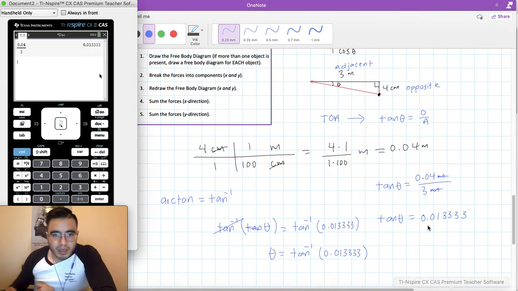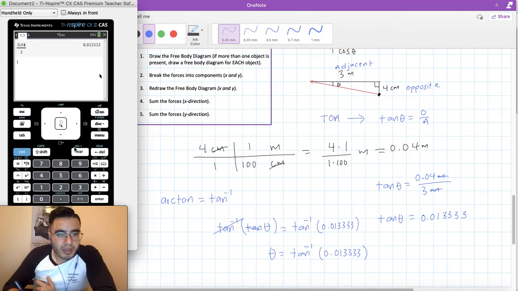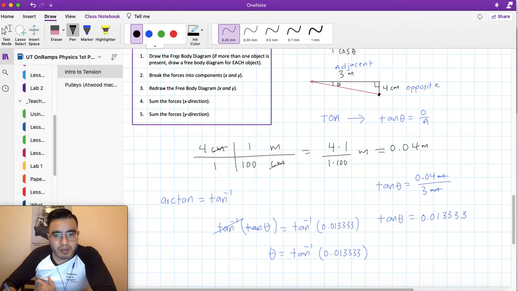So let's do that. In our calculator, we go for the trig functions. There is inverse tangent of, I'm going to use the answer command. So control this one over here. Press enter. So our angle theta is 0.76. Let's write it down. Theta is 0.76 degrees.